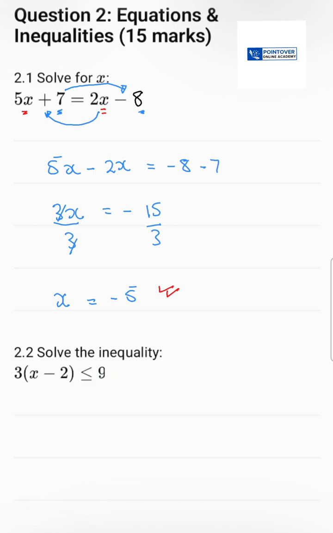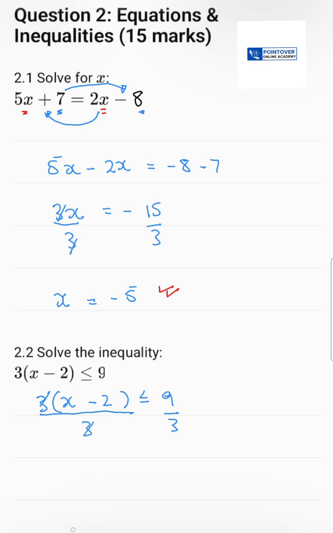So we have 3(x minus 2), less or equal to 9. We're going to divide by 3. What you do on your left hand side, you also do on your right hand side.